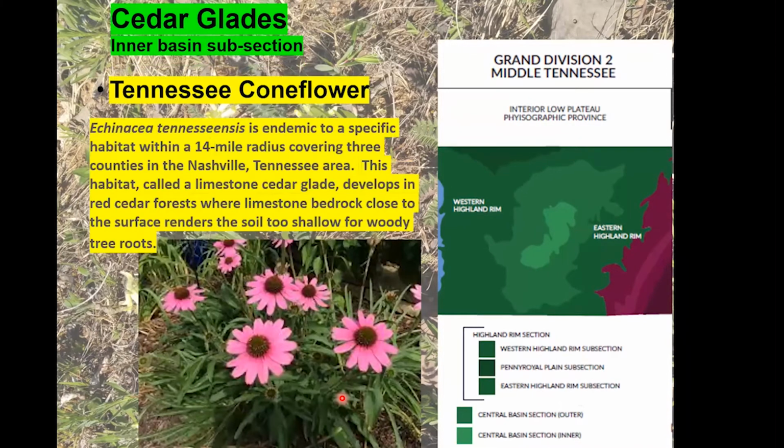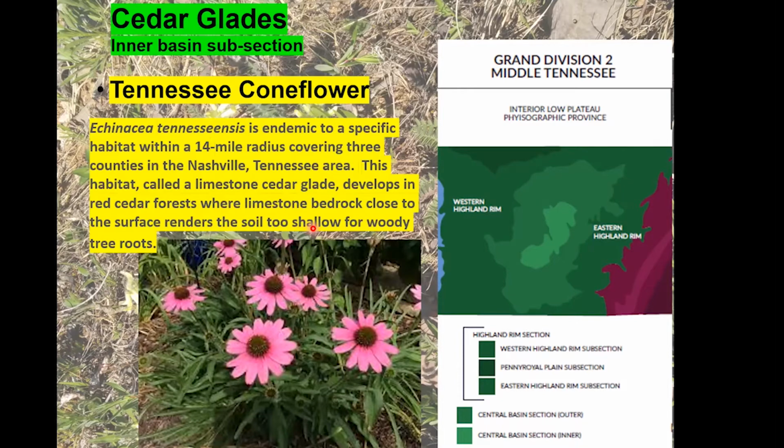Here's the Tennessee coneflower. Nowadays, you can buy these seeds at the garden center or online, and you can have them in your own yard, but you may have to look to this area to say, why are they growing so good in this area? And so it's probably because of the limestone. You'd have to read and see if it needs acid or basic.